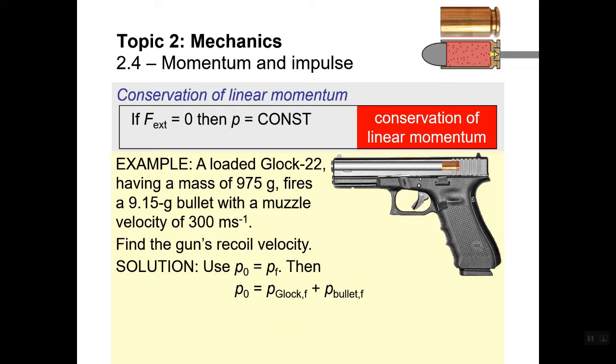Initially, the Glock and bullet are stationary, so 975 total mass times 0 equals, we have to be very, very careful. After the bullet is fired, we need only the mass of the Glock, which is 975 minus the bullet's mass 9.15, times the velocity of the Glock plus the mass of the bullet times minus 300.